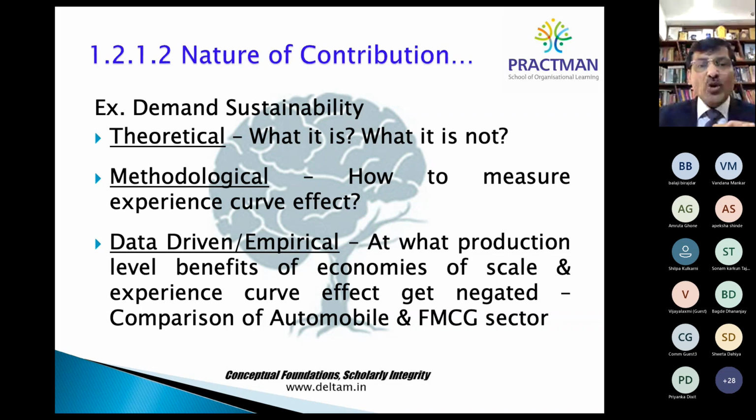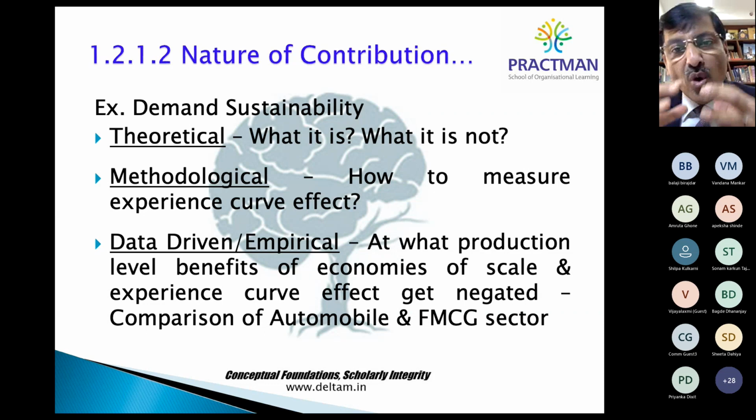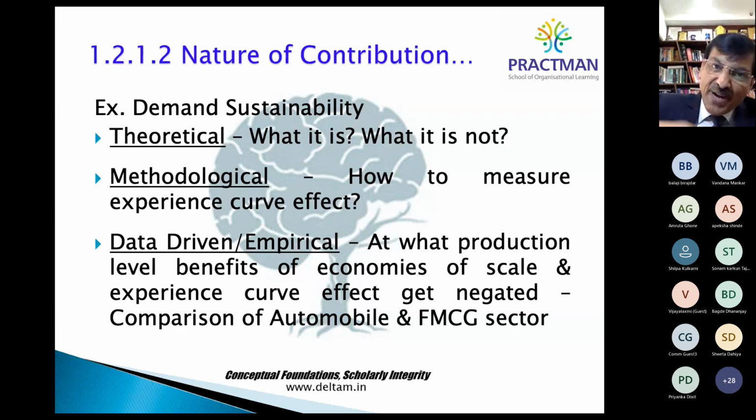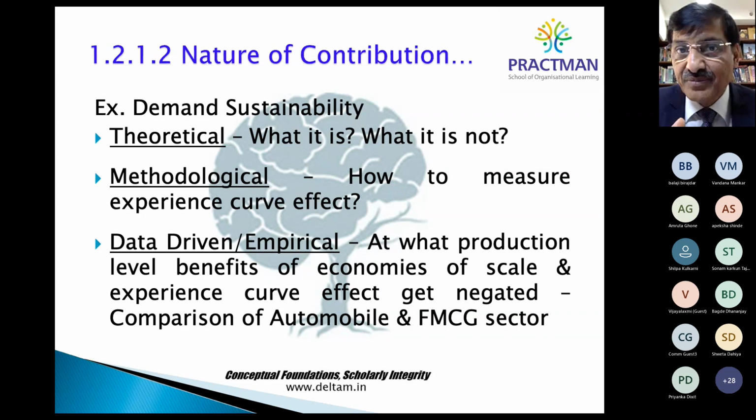One is called economies of scale: the more volume you produce, the lower is your cost. The second concept, experience curve: the more you repeat something, which is not necessarily volume led, the less is your cost.